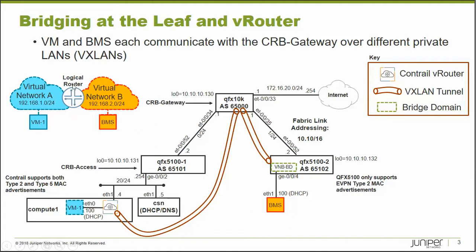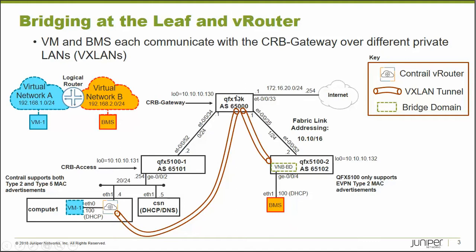You configure a logical router, you'll associate this virtual network to that logical router, and you'll specify which spine devices this will be extended to. In our case, we have one spine device, so we're only going to associate this logical router with one spine device.